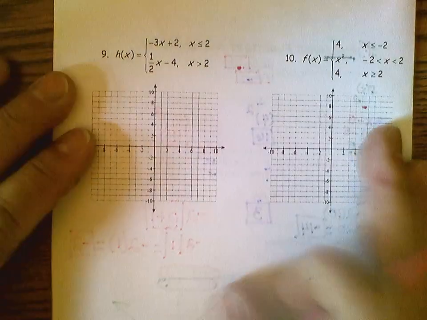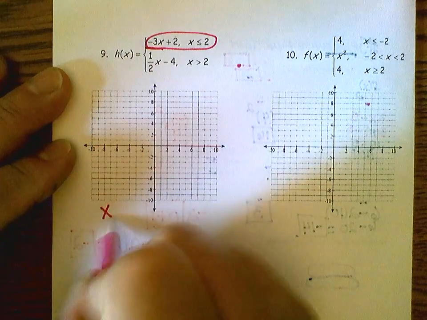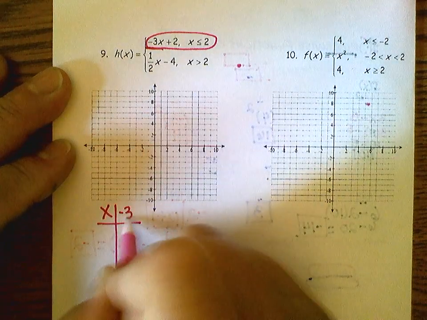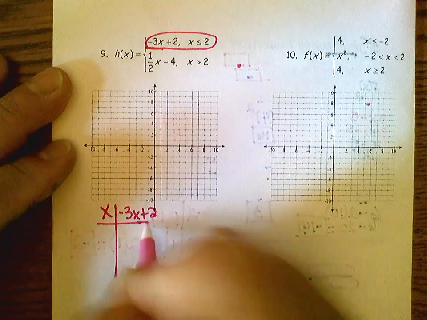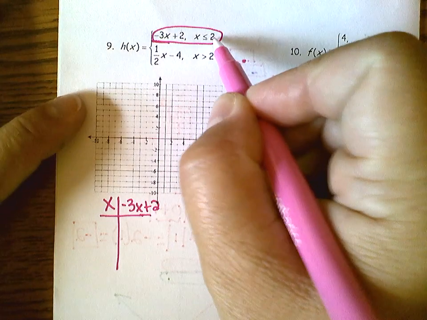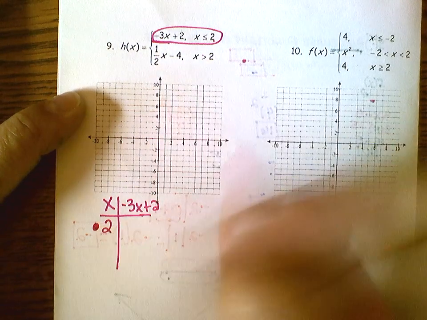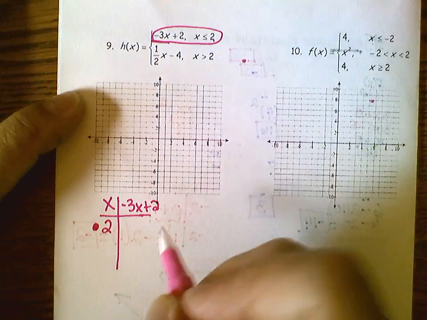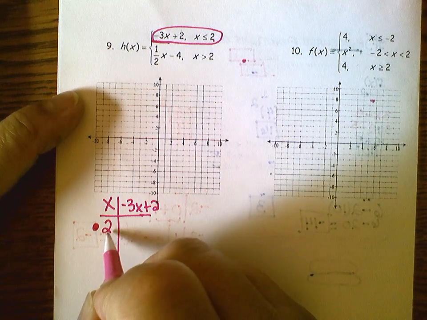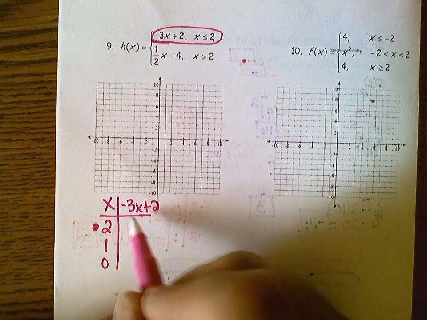Okay, we have negative 3x plus 2. So we start with 2, and that's a closed circle because it's less than or equal to, and some values less than 2 are 1 and 0. So I will plug these in.